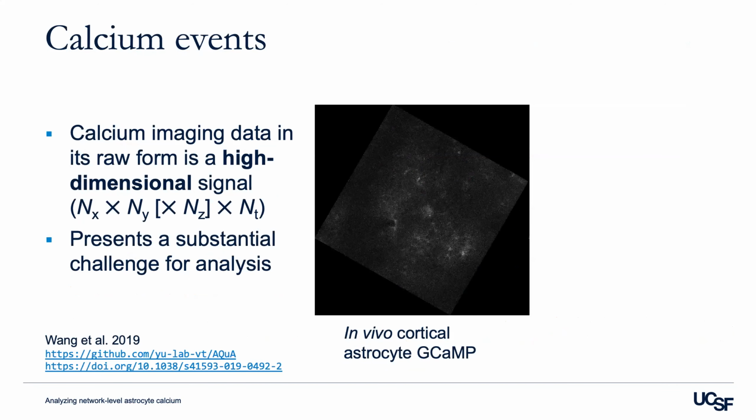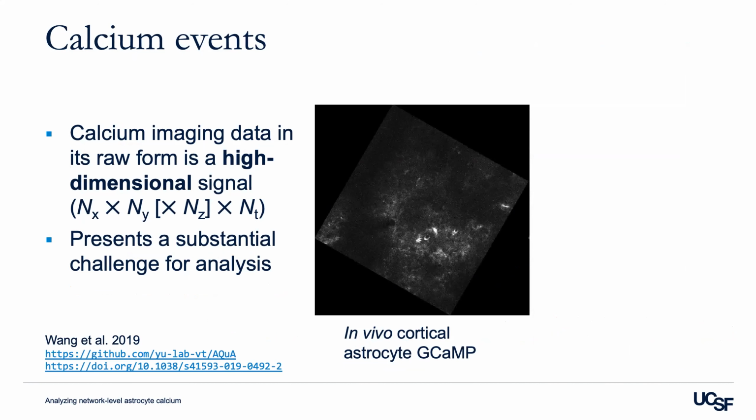While astrocytes don't possess the same electrical characteristics that neurons do, astrocytes carry an incredibly rich repertoire of calcium dynamics. And calcium plays an incredibly important role in the behavior of astrocytes because of its central location in many different pathways.